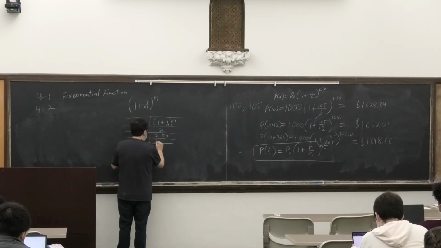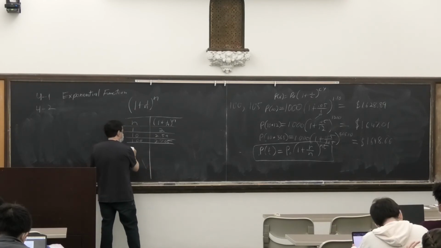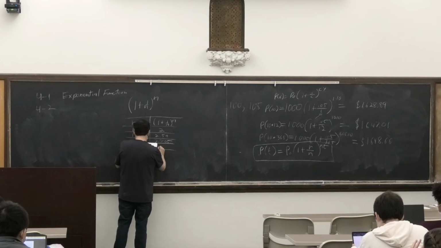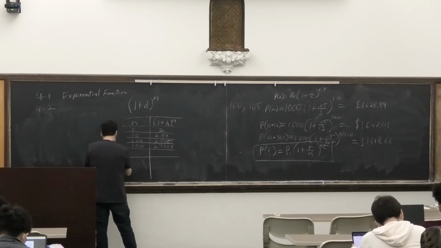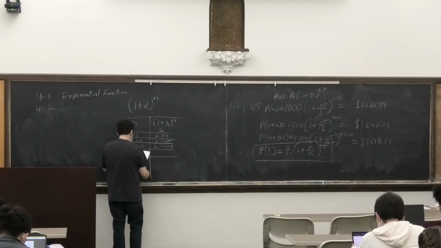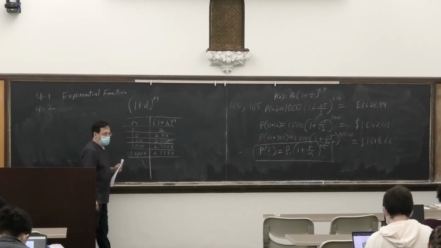This goes 2.745. 1,000, 2.7169. 10,000, 2.7184. It's starting to look like it's settling down.